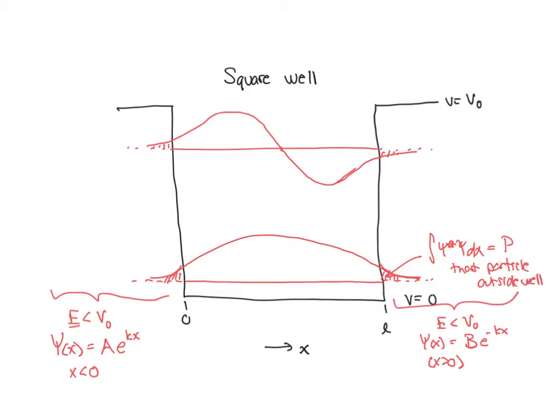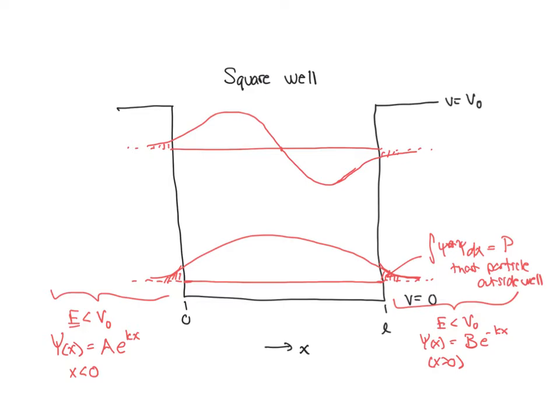And I have a finite probability of being outside the well in those classically forbidden areas. So out here, when we have energies such as these bound state energies that are less than V naught, then these regions outside here should be classically forbidden.